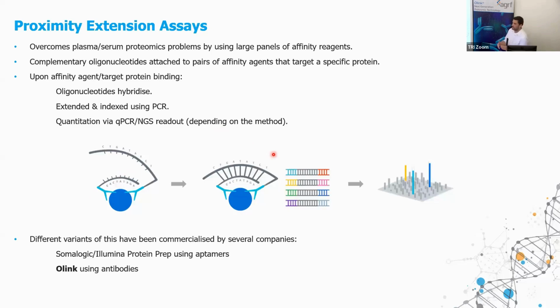And then this can be extended with an index attached, which tells you the sample type, the sample, and the protein itself. Expanded using PCR, and then depending on the method, you can have a qPCR readout or an NGS readout to give you a quantitative reading of the proteome, where basically the number of counts of index that you have is proportional to the amount of protein of any one particular identity there.